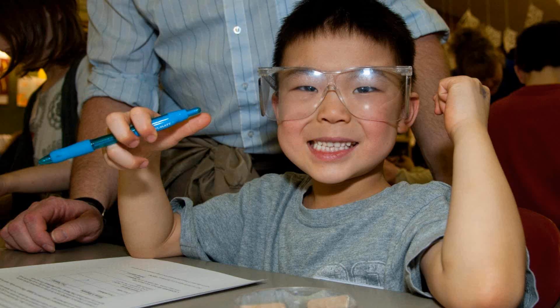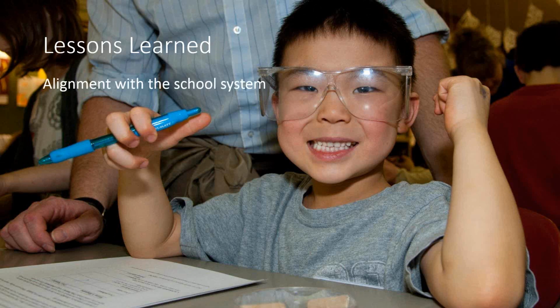The next one is to have a strong alignment with the school system. So really knowing that keeping the links between the early childhood system and the K-12 system improves access for families, improves the stability of early childhood services, and also improves the credibility of early childhood services.